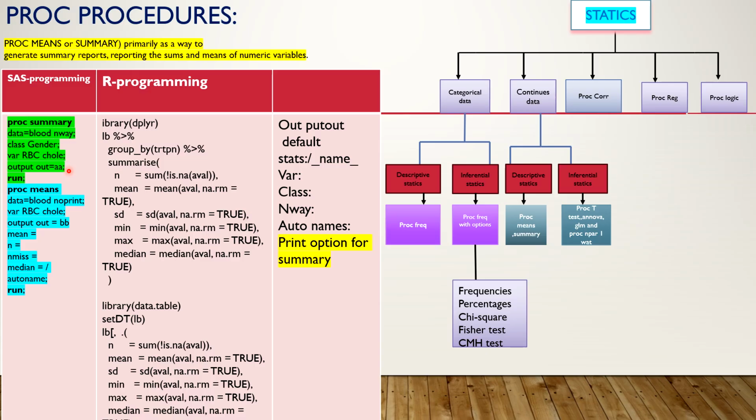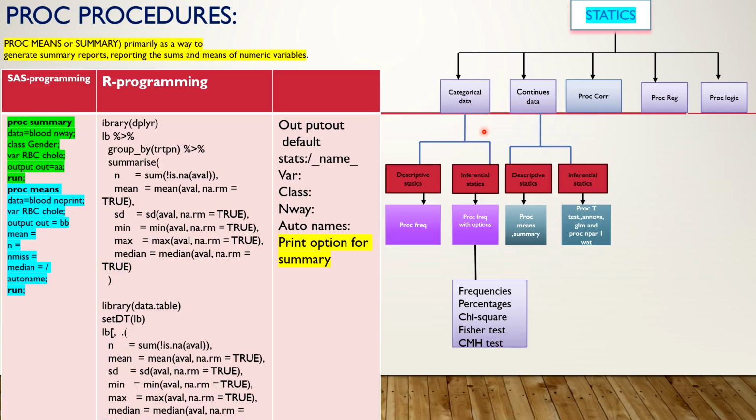Here, before we discuss Proc means and Proc summary, we'll discuss statistics. In clinical SAS, there are five types of statistics we do: categorical data statistics, continuous data statistics, correlation statistics, regression statistics, and logistic statistics.